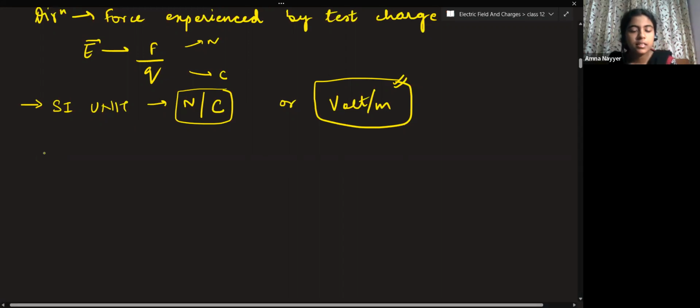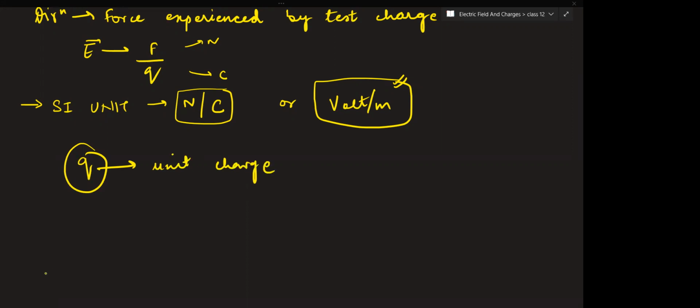So see, if I say this test charge, this Q, is a unit charge, unit charge means it has the magnitude 1. So what will be the value of electric field?